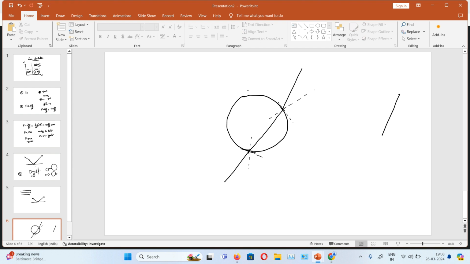This is the initial ray, and this is the final ray. Using the law of vector subtraction, the change in momentum is like this.